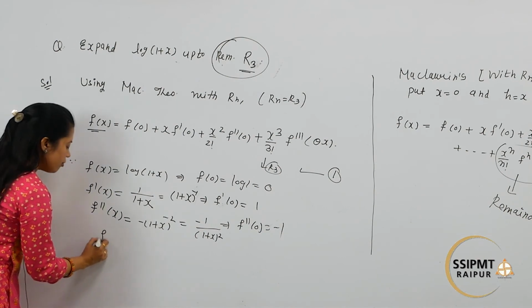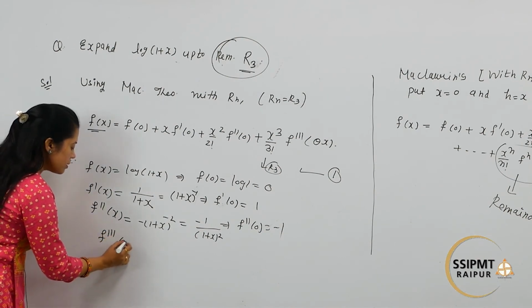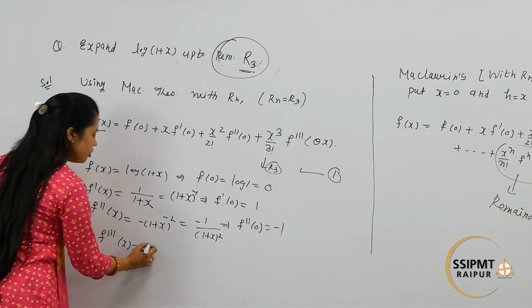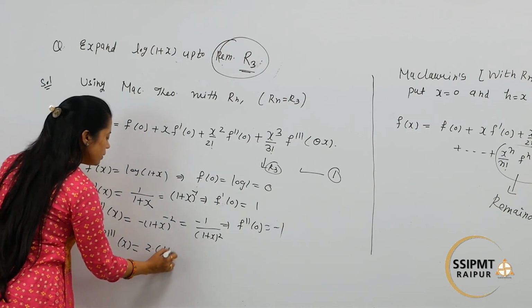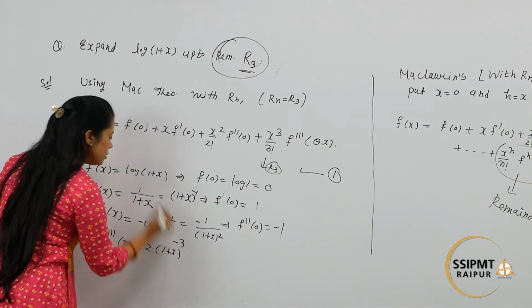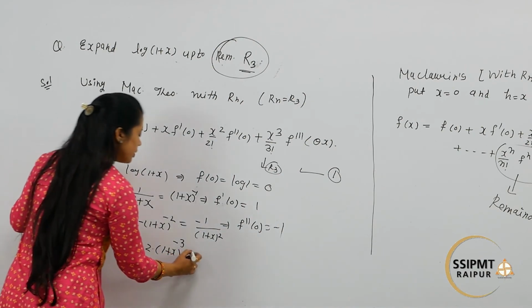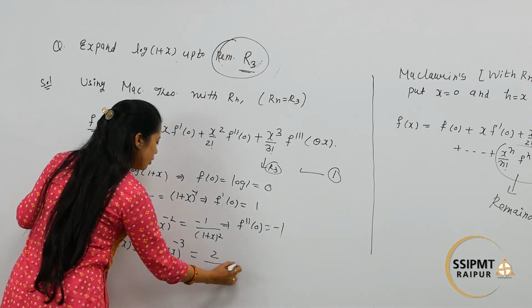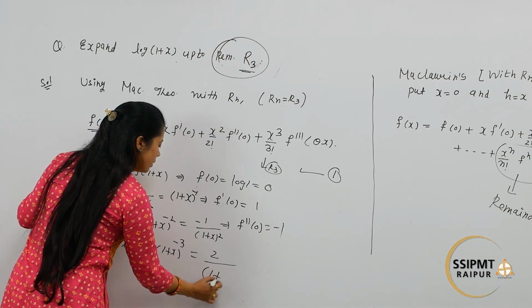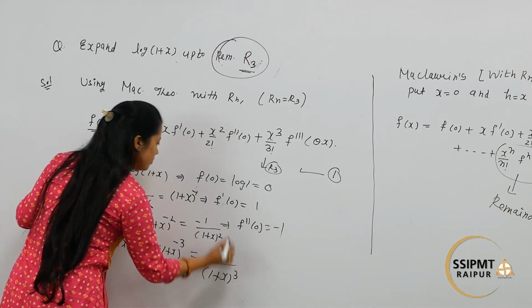Next, f'''(x) will be 2(1+x)⁻³, which can be written as 2/(1+x)³.